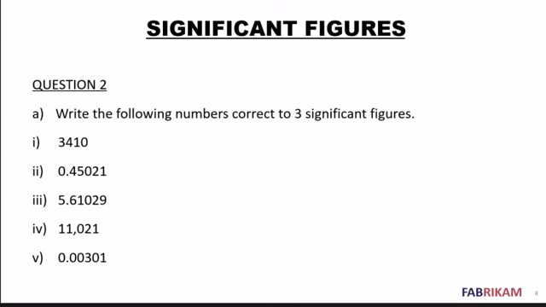When you look at significant figures, the first rule is that all non-zero numbers are important, are significant in short. All non-zero digits in a number are significant.